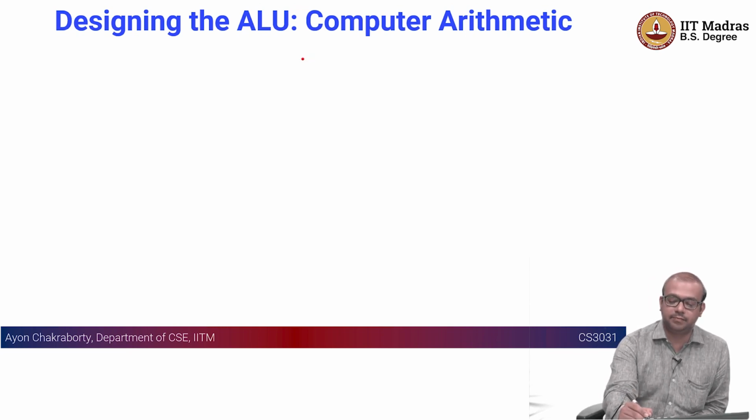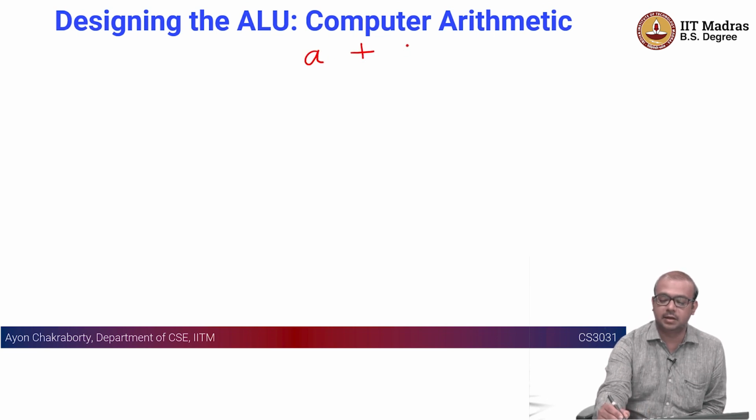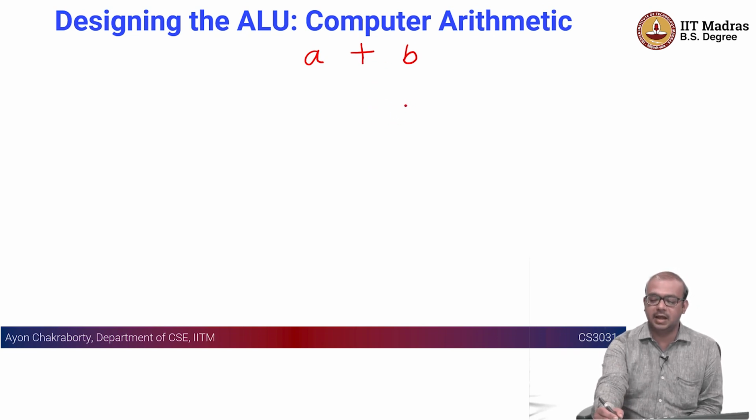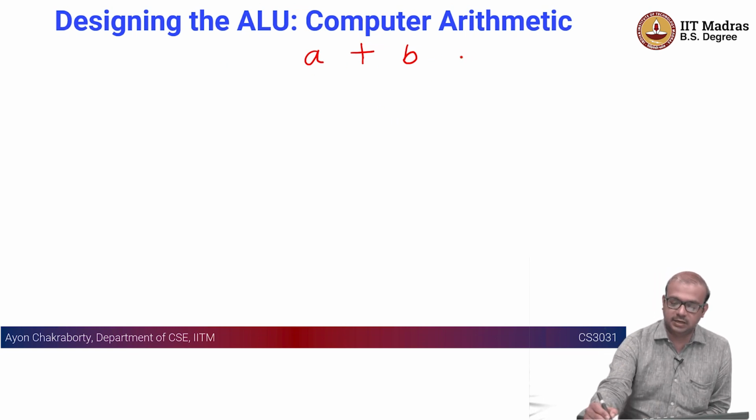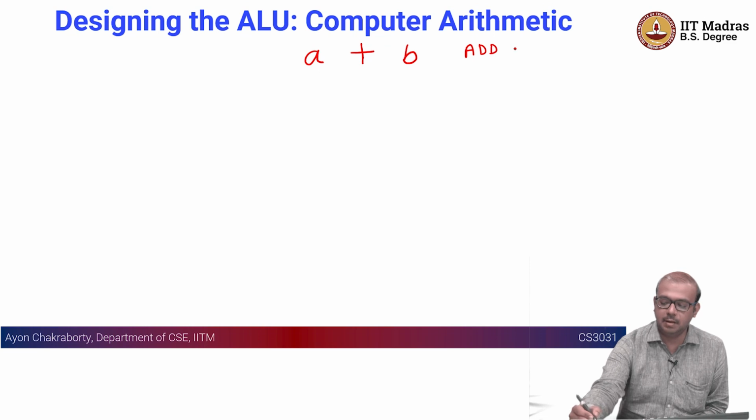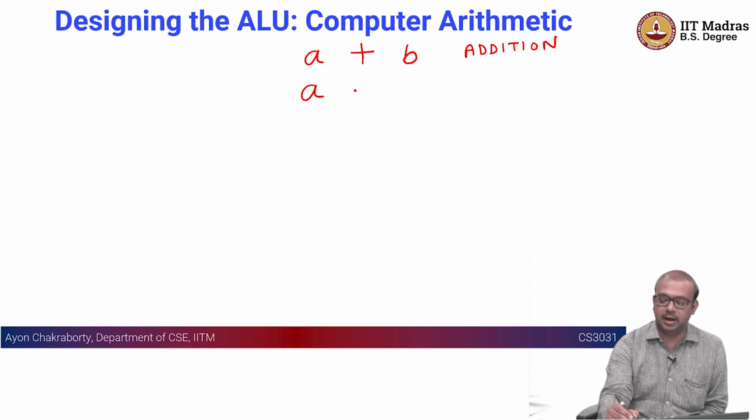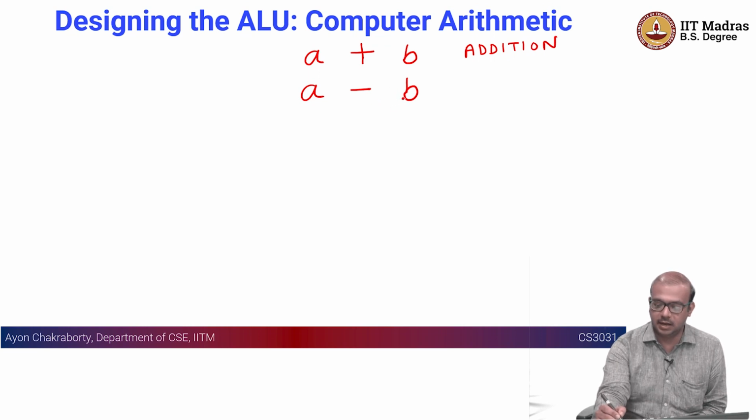If it is an addition, given that both A and B are positive, we can simply go ahead and do A plus B. But if you want to do A minus B, or rather add negative B, we can't do addition directly here. We have to express the same expression as A plus B prime plus 1.